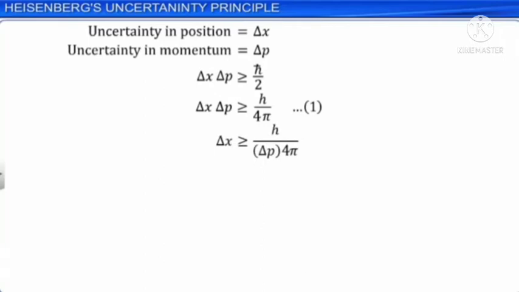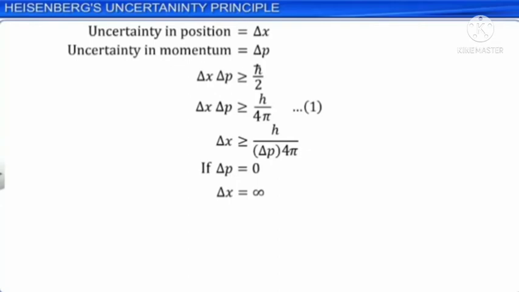If delta p is equal to 0, that is, when the uncertainty in the momentum of the particle is 0, then the uncertainty in the position of the particle becomes infinity. That is, it is impossible to exactly determine the position of the particle. This implies that we do not have any idea about the position of the particle.